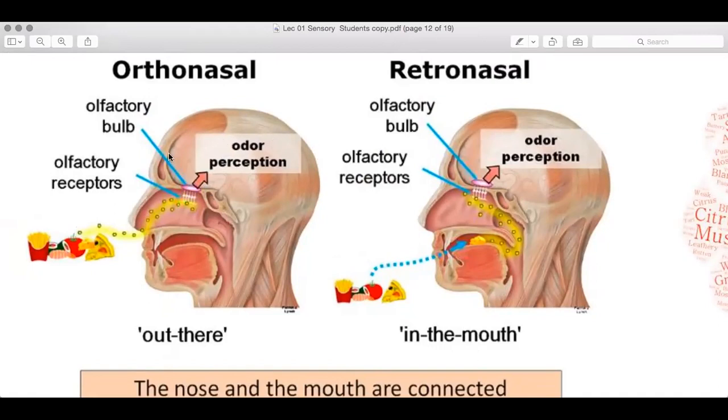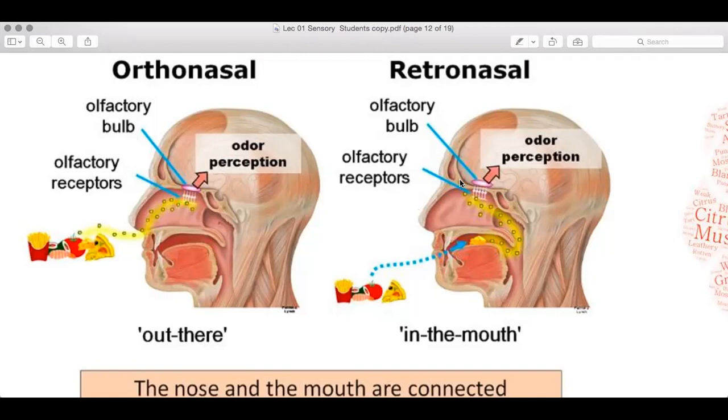Then the brain cells will be stimulated and identify the taste. And retronasal means the food is inside the mouth. Then the volatile compounds go through the back of the throat and come to the sensory receptors, the odor receptors. Understood?